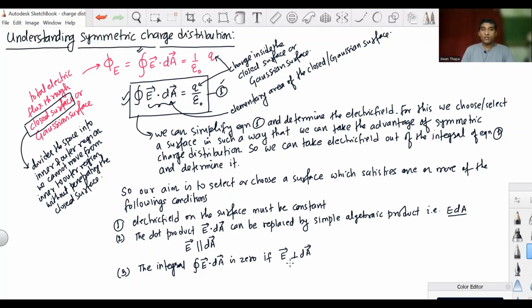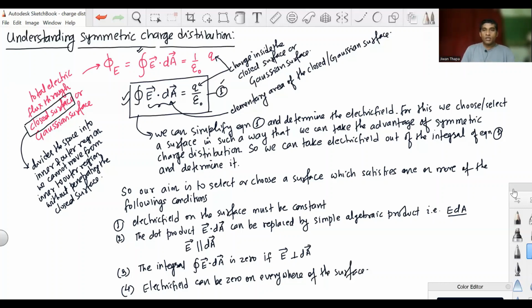So this is the third. And fourth, electric field can be 0 everywhere on the surface. Clear? So we have this.